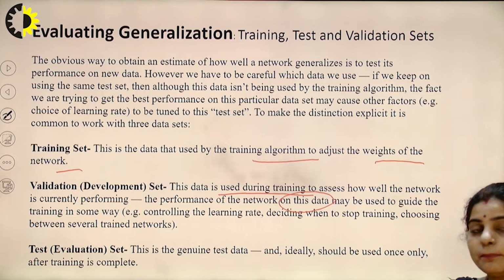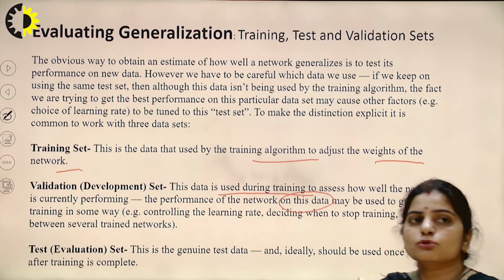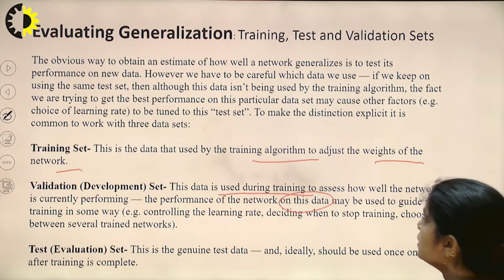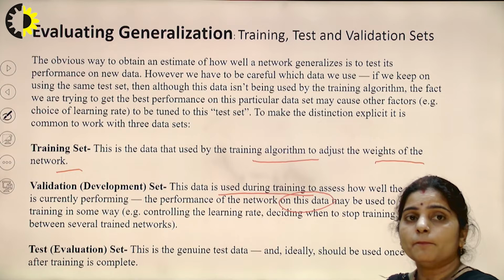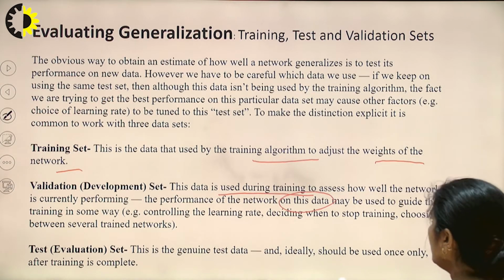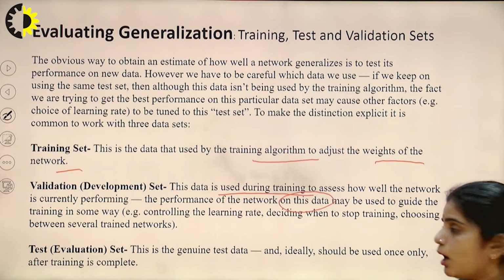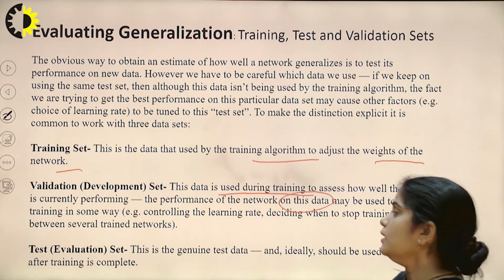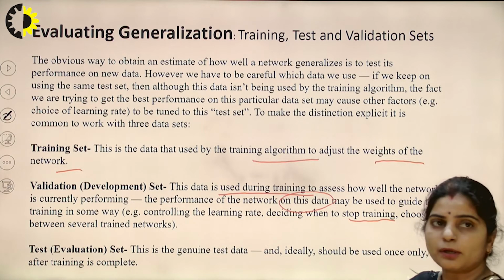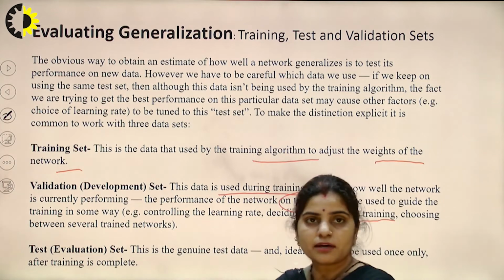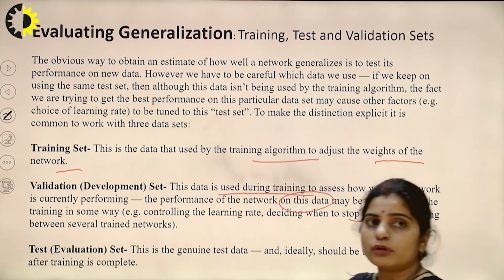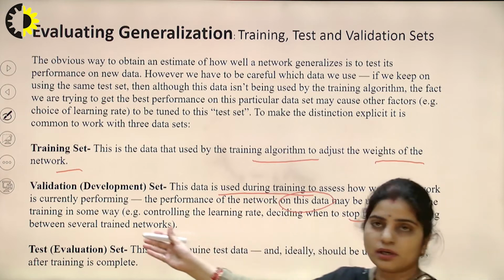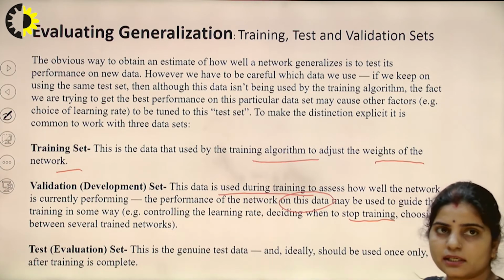If the performance is high enough, we can stop training, and if we have several trained networks, we can choose whichever performs more accurately by using the validation set data.